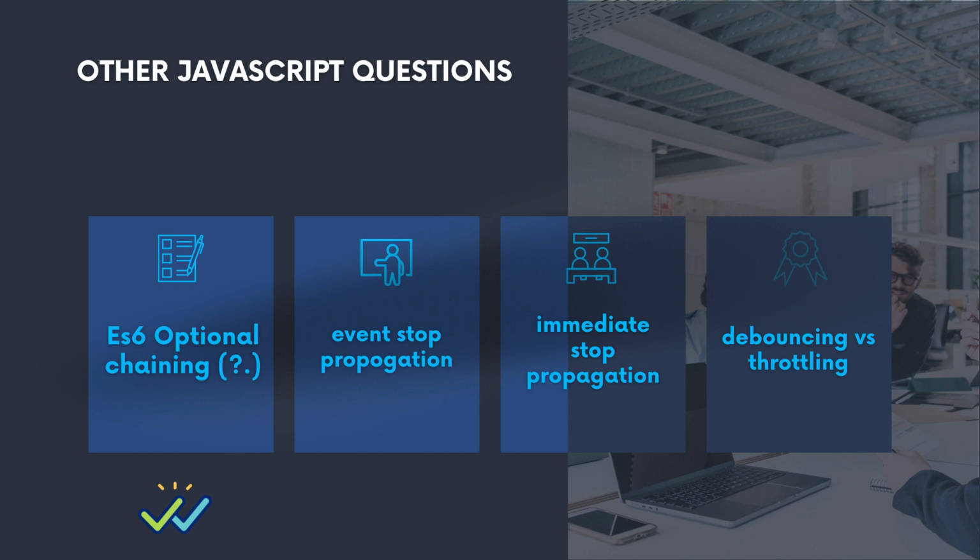So you got some kind of error cannot read the property of X. In that case, we use optional chaining. Read about this as well because this is a common question, I think.